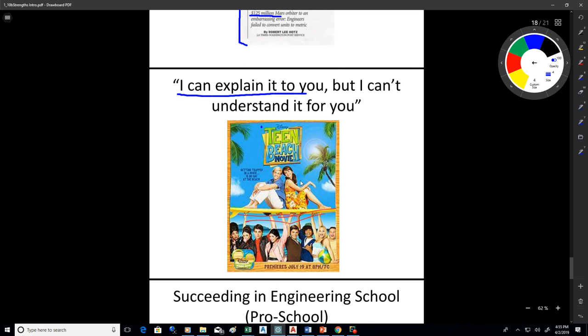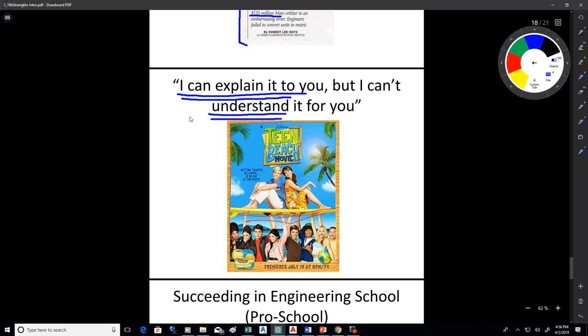Here's a movie that my daughter used to watch quite a lot of, and there's the two romantic leads on top of the surfboard, and the one romantic lead, Mac here, she's kind of the brains of the operation, and at one point she tells her friend Brady, I can explain it to you, but I can't understand it for you. Okay, so as a teacher, my job is to explain it, but your job as a student is to understand it.